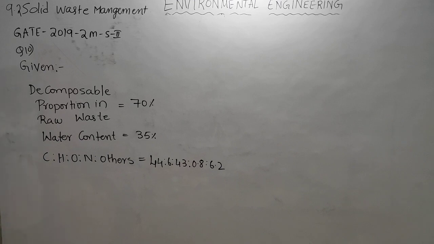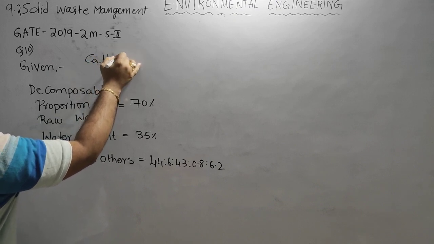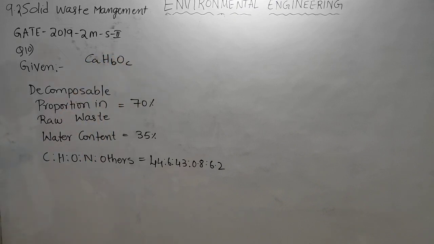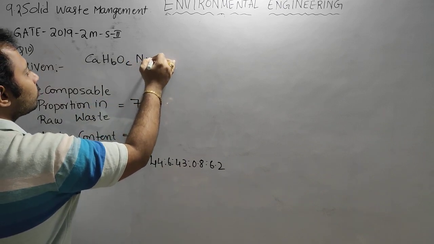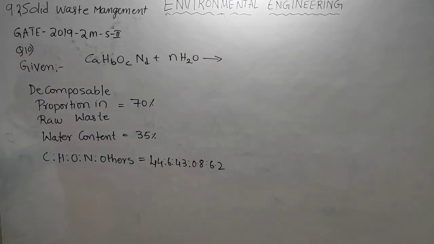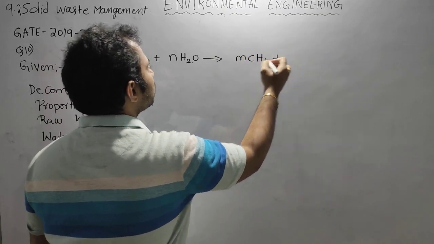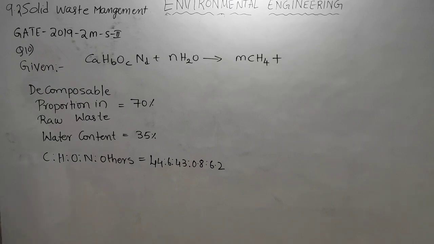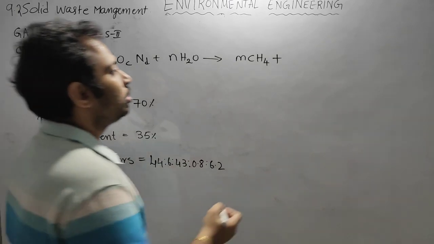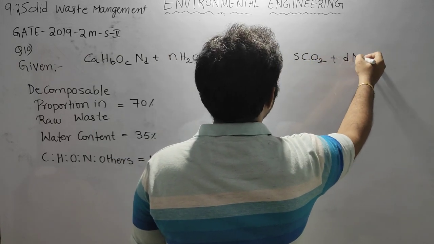So the equation was given: CaHbOcNd giving mCH4 plus sCO2 plus dNH3.